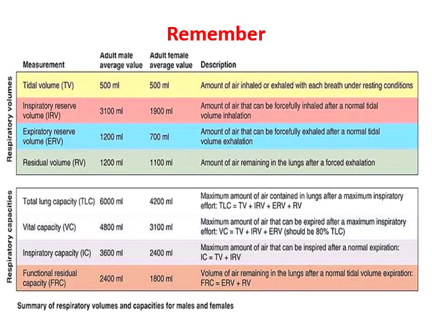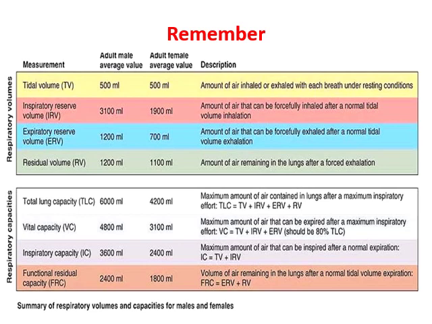And we have 4 static lung capacities. The lung capacity is the sum of 2 or more lung volumes. Any lung capacity that contains the residual volume has to be assessed by the helium dilution method, and then we apply the equation to determine the lung capacity that is needed to be measured.